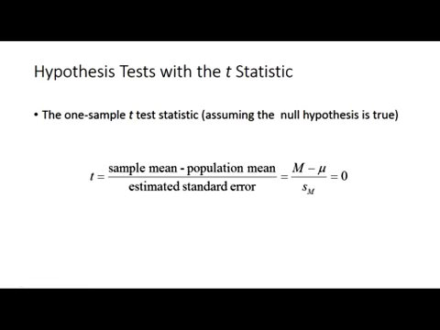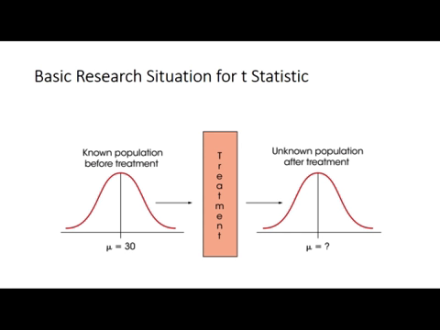Now, how do we use a t-test when hypothesis testing? Well, first we have to calculate our t-test, which we've talked about, and then we have to determine what we know about this. When we're looking at the basic research situation for a t-test, we have the known population, as I mentioned earlier, and we have our unknown population after treatment.